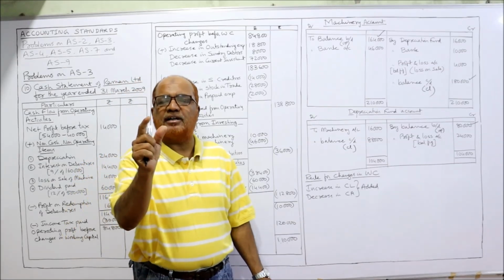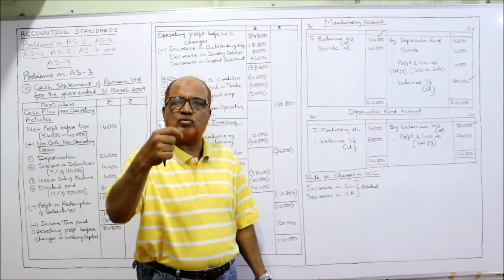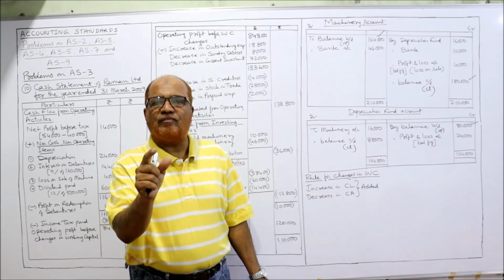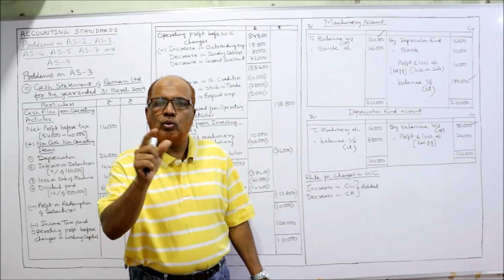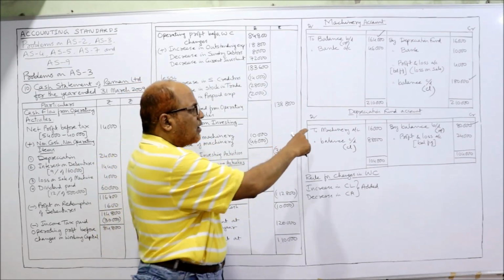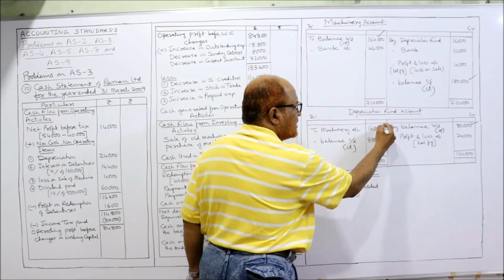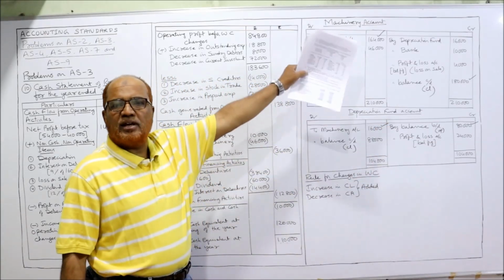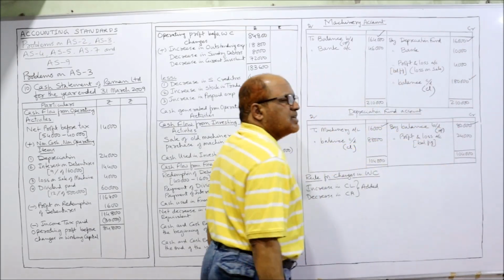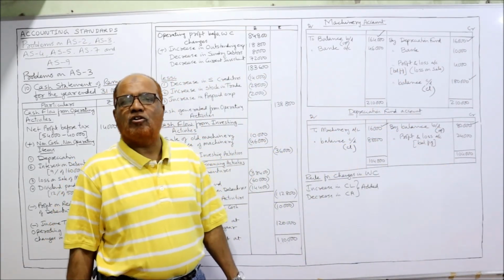The entry will be depreciation fund account debit to machinery account. So depreciation fund account debit side to machinery account 16,000 and machinery account credited by depreciation fund 16,000. This is the first entry on sale of machine.